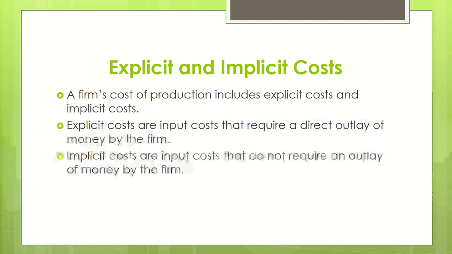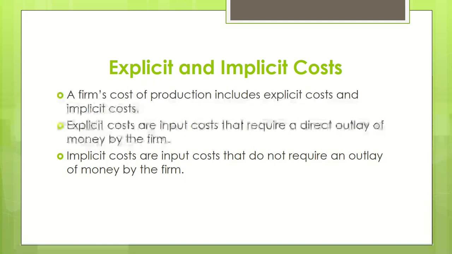That means explicit costs are out-of-pocket costs, that is, payments that are actually made. For example, wages that a firm pays to its employees or rent that a firm pays for its office are explicit costs. In short, you can say that it is a flow of money from one side to another side.